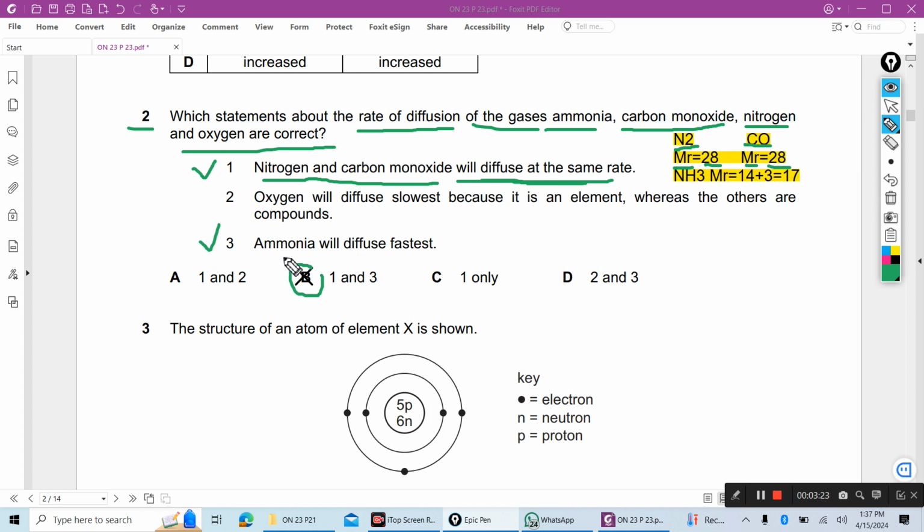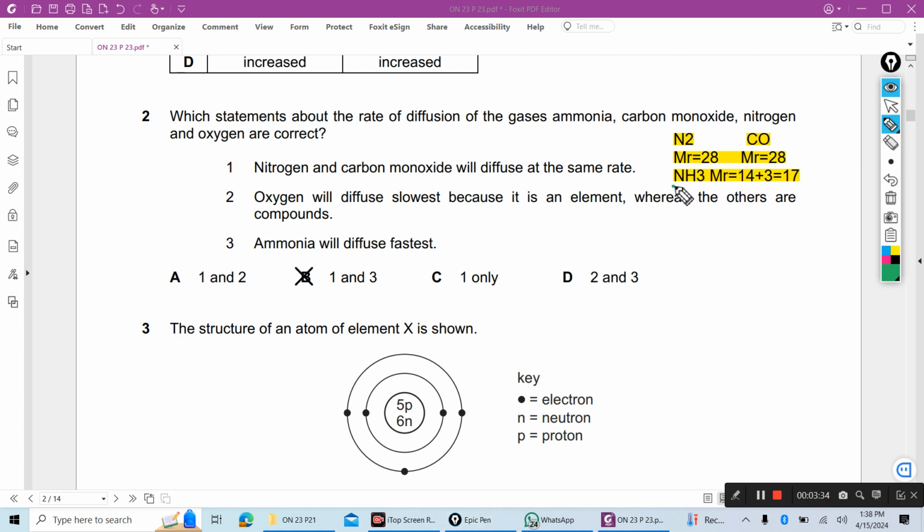And 3 is correct. Why? Ammonia will diffuse fastest because ammonia NH3 has Mr 14 plus 3, 17.